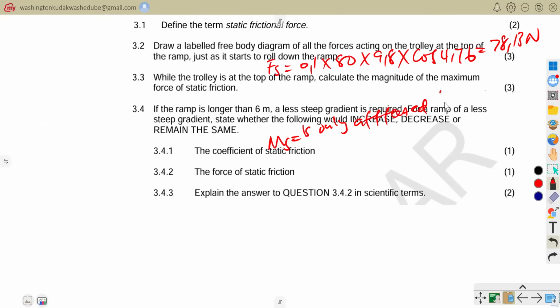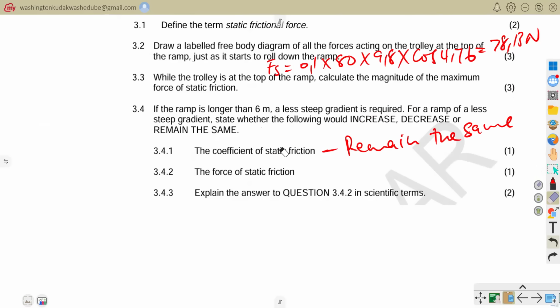It is only affected by the property of the surface. So it will remain the same, since it is not affected by the steepness of that ramp. It is only affected by the properties of the surface.